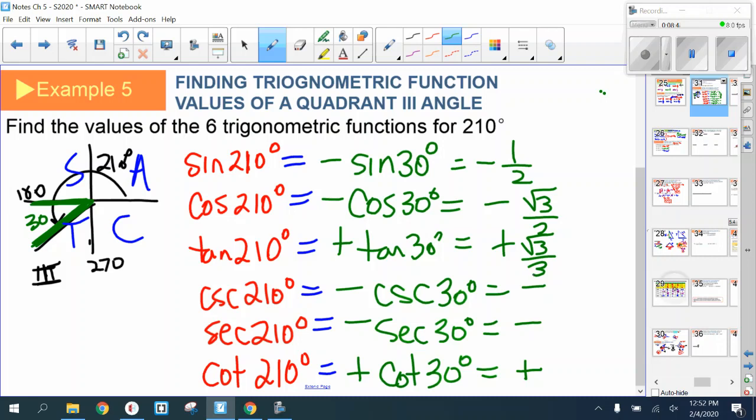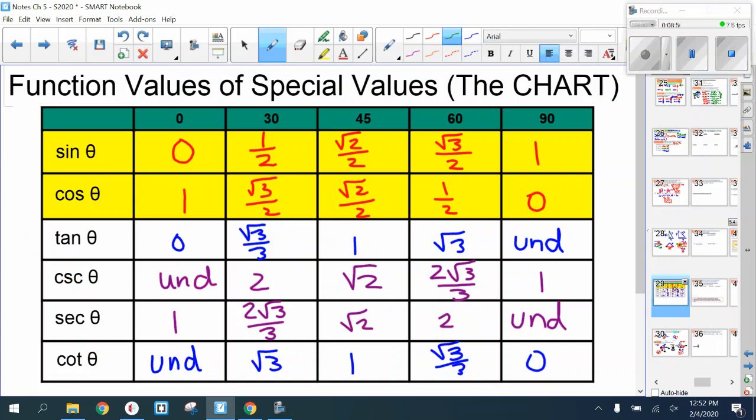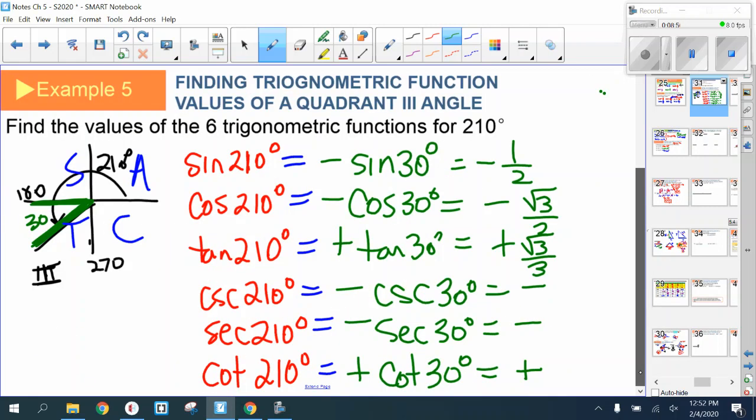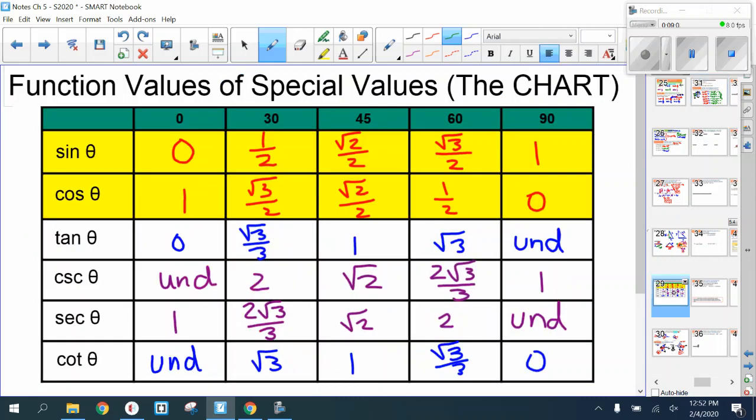What was that in the chart? Cosecant 30. Okay, so you're looking at a 2. And is it negative? Yeah, so it's negative 2. And secant 30, go back and look at the chart. Secant 30 is this thing, but I believe it's going to be negative.